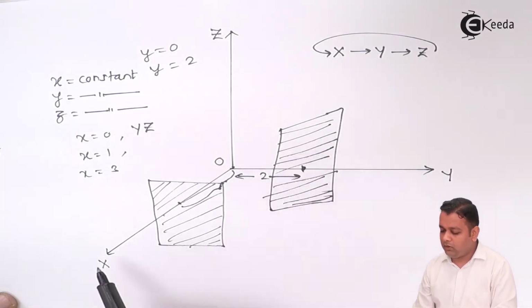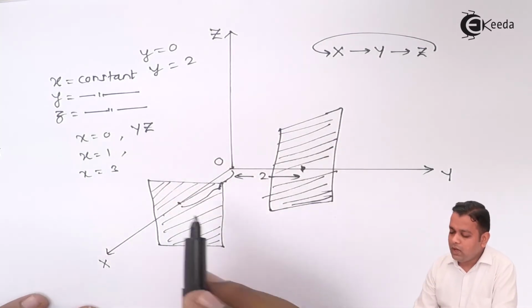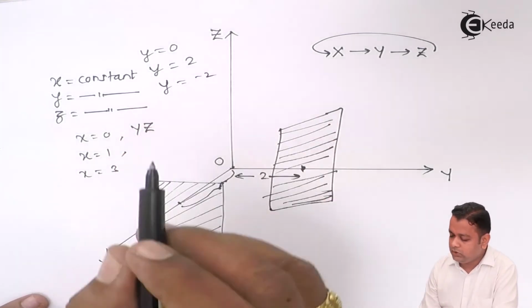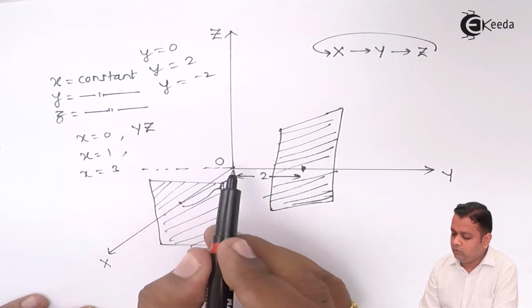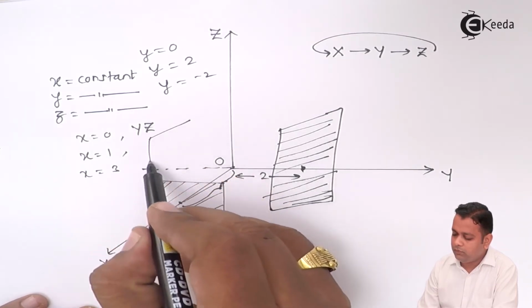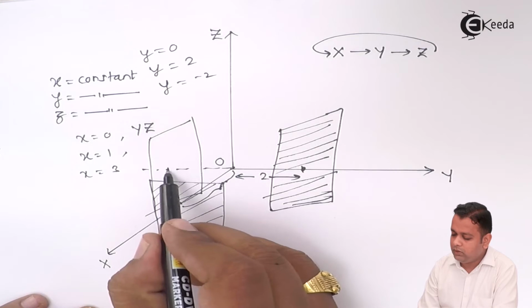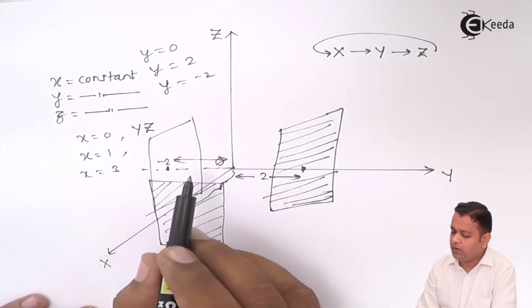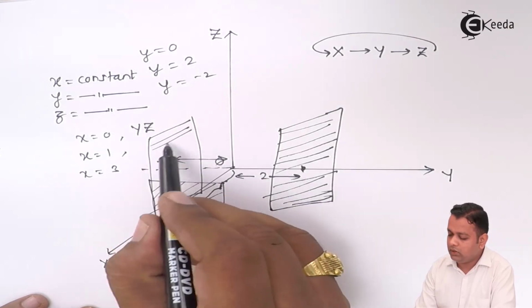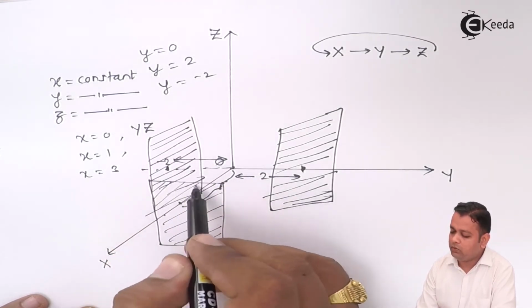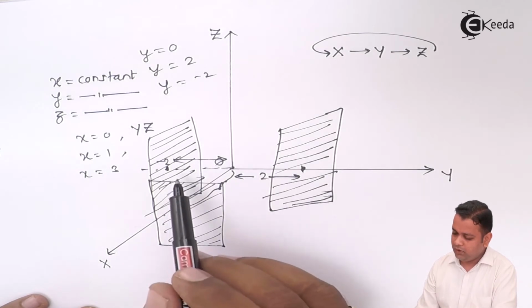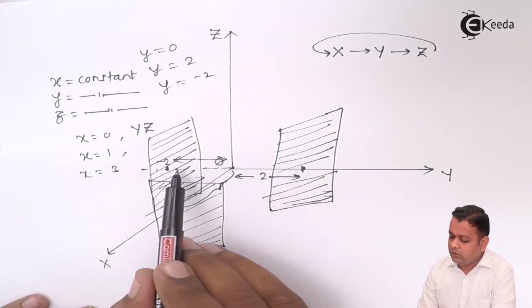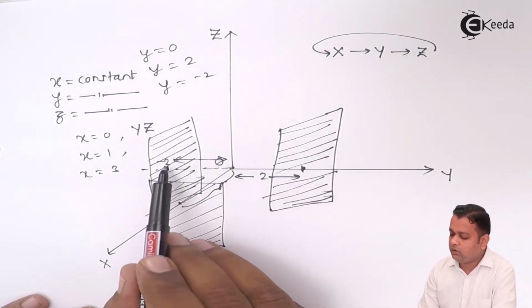This plane is parallel to the xz plane. Suppose I take y is equal to minus 2. On the negative side of y, I have to put that particular plane which will intersect at minus 2. Again it is a plane parallel to the xz plane, which will intersect the y-axis at minus 2.